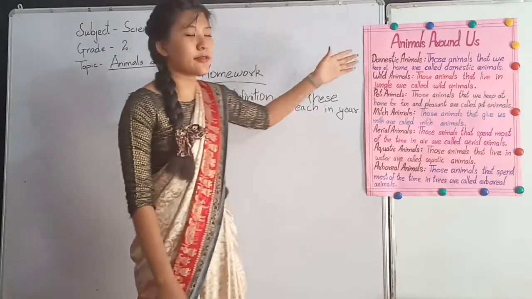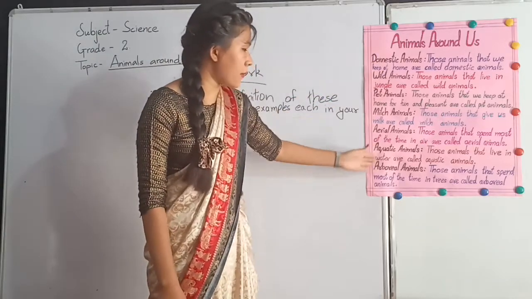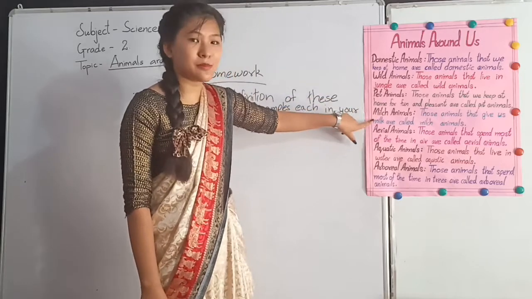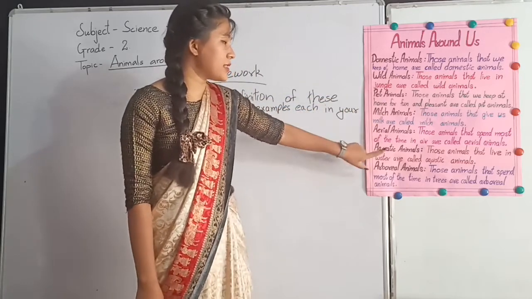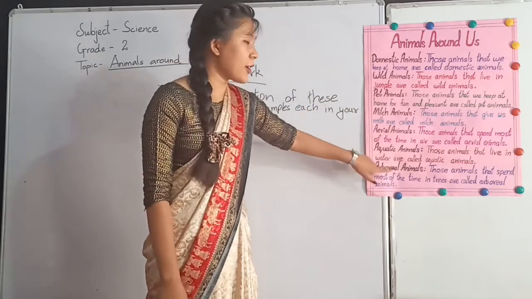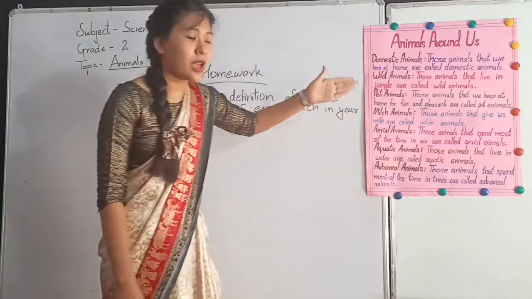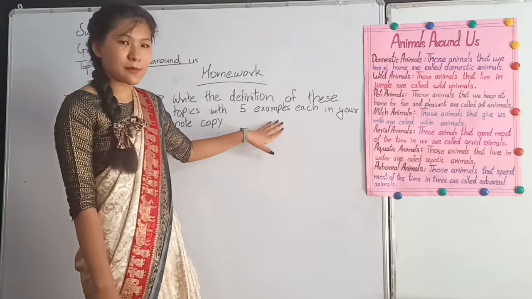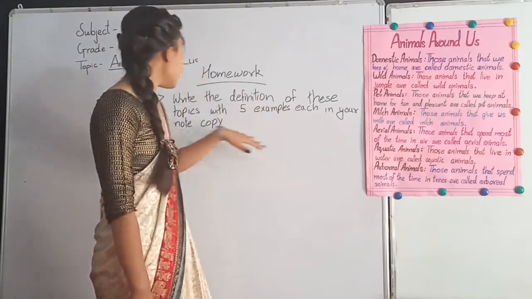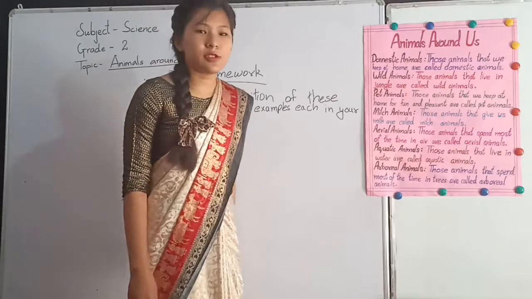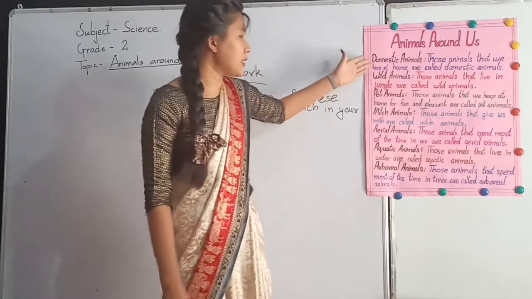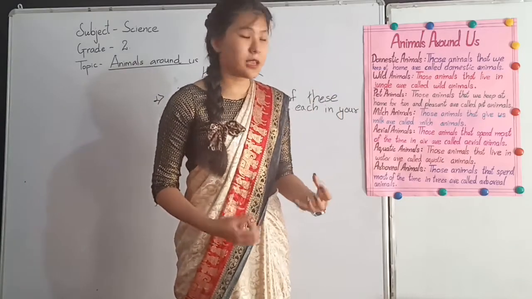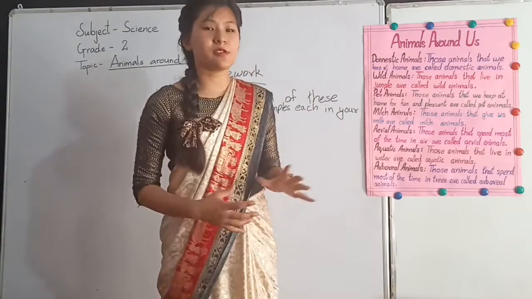You have to write the definition of all these topics, that is domestic animals, wild animals, pet animals, milch animals, aerial animals, aquatic animals and arboreal animals. You have to write all these definitions with 5 examples each in your note copy, fair copy.